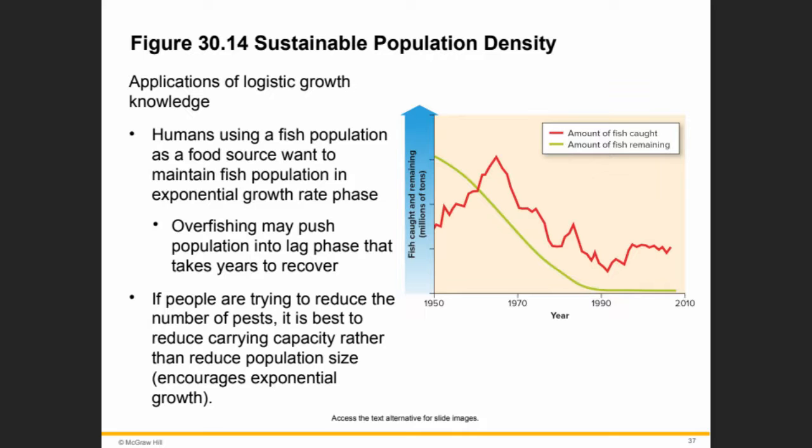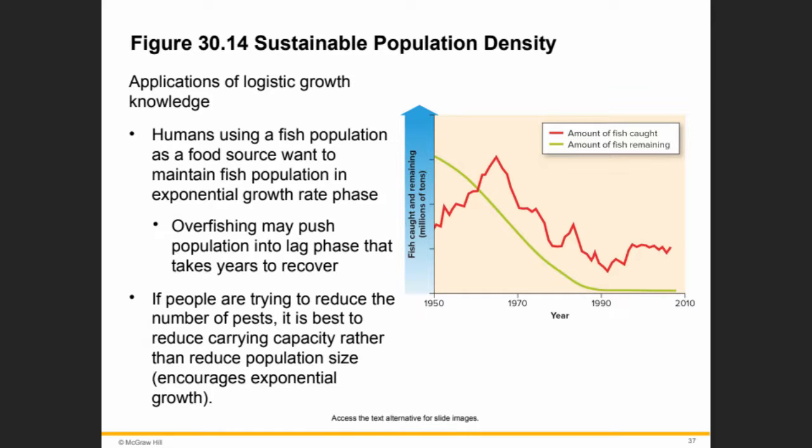The other line, the green line, is the amount of fish remaining. It began at 3.1 million in 1950 and declined steadily until it reached 0.1 million tons in 2010.